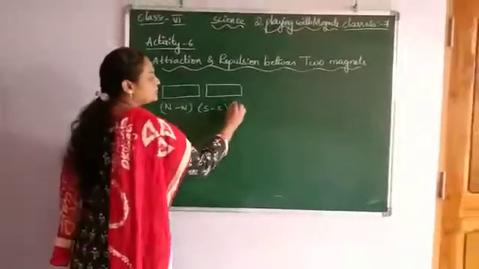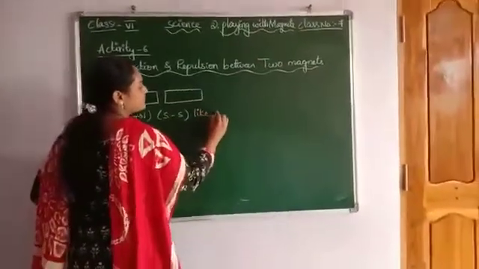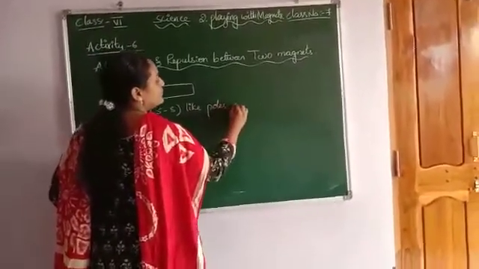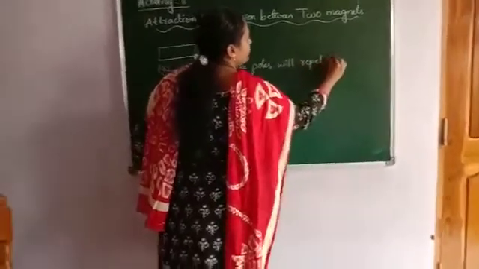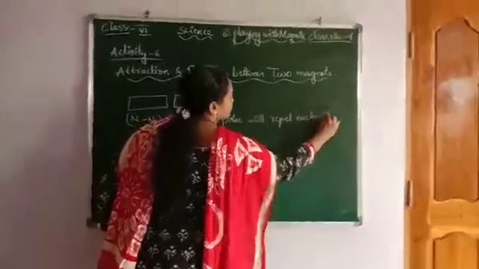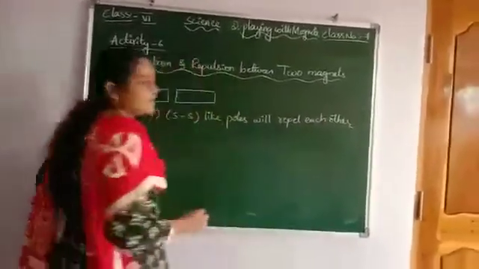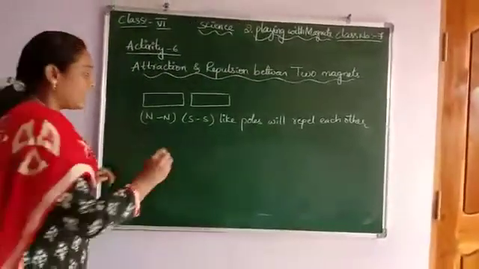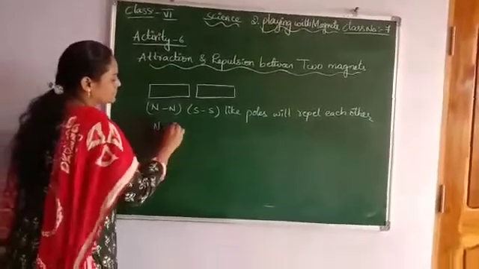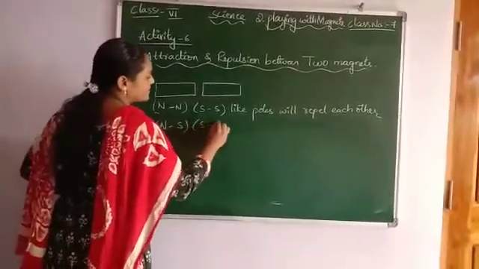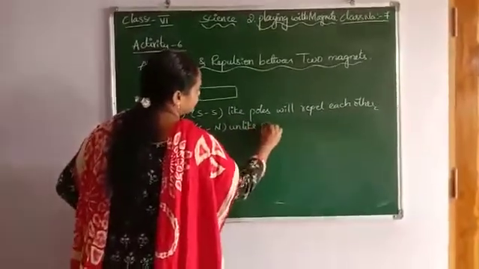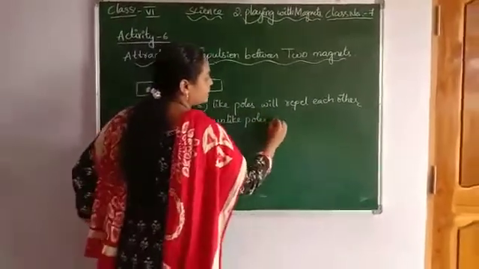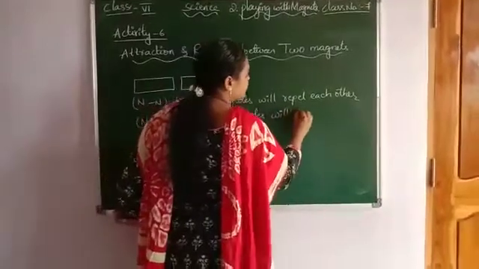These like poles will repel each other. They are going to repel each other. Unlike poles will attract each other.